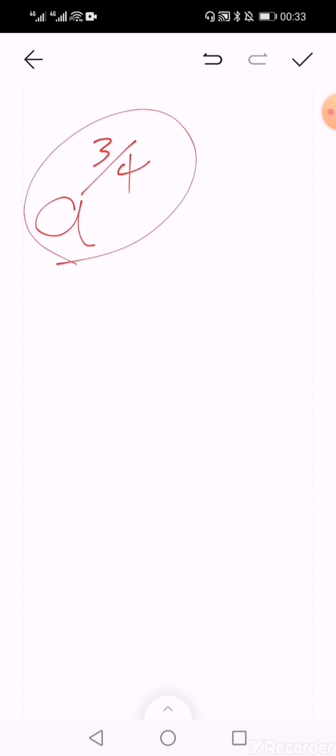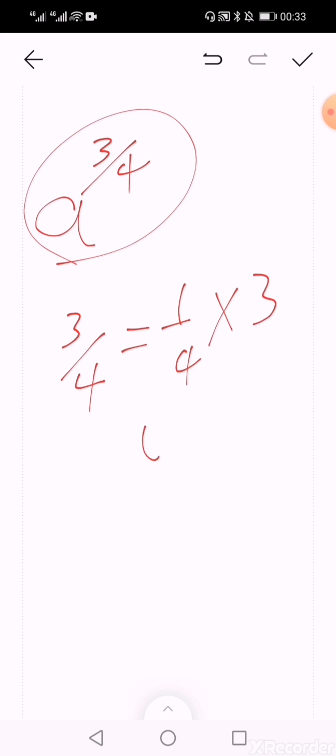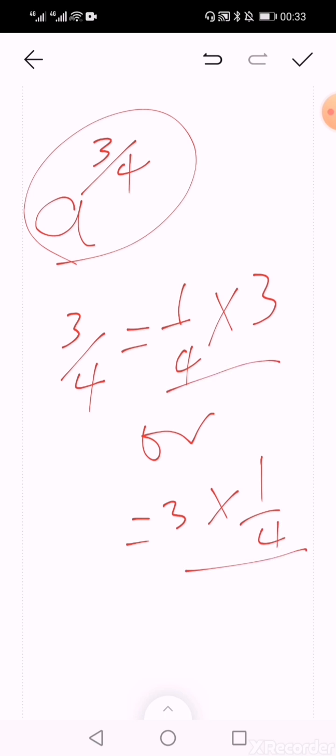How can we simplify this one now? You should remember that 3 over 4 is the same as 1 over 4 times 3, or we can write it as 3 times 1 over 4. Recalling this is going to help us to write this power in this way.